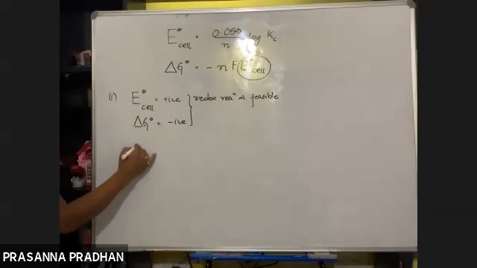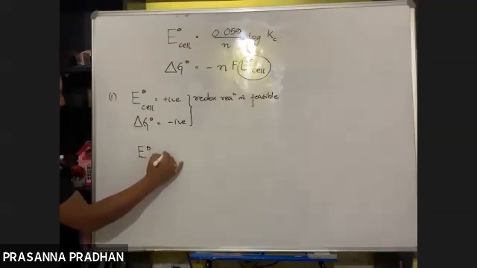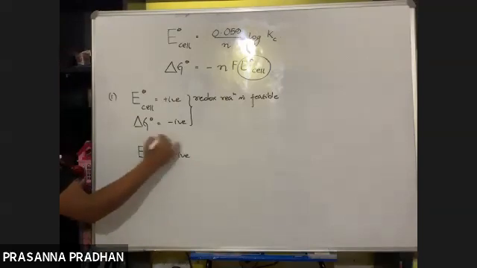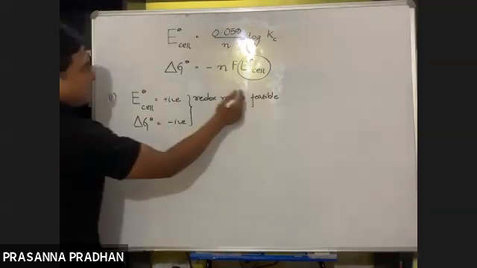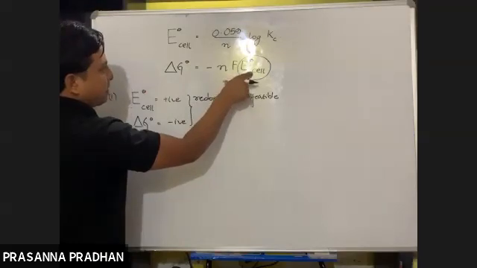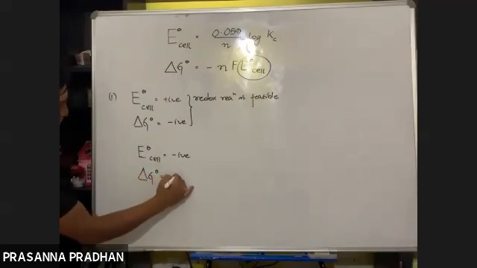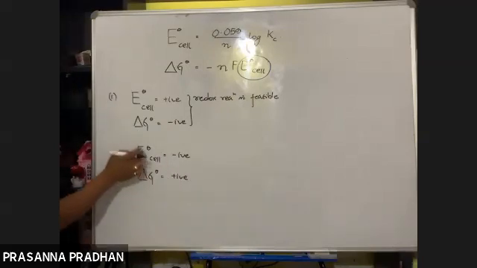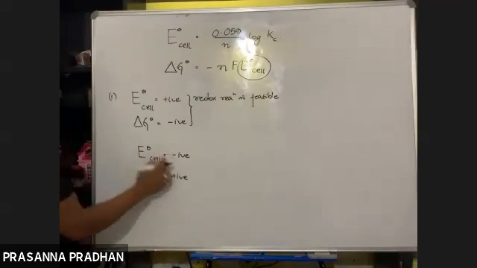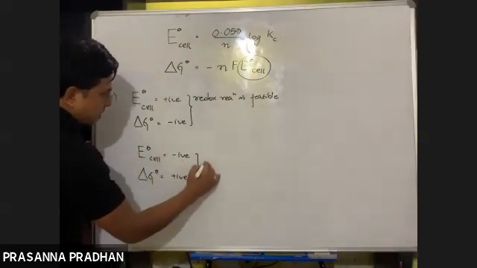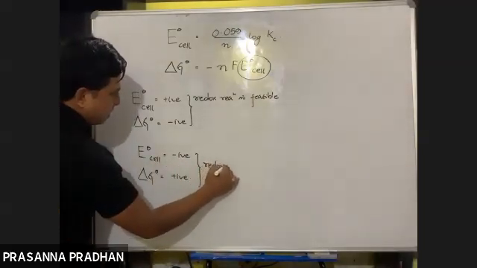Now, if E naught cell is negative, negative into negative will be positive. So delta G naught is going to be positive. And if the standard cell potential is negative, then the redox reaction is not possible.